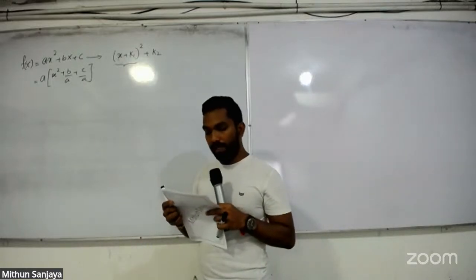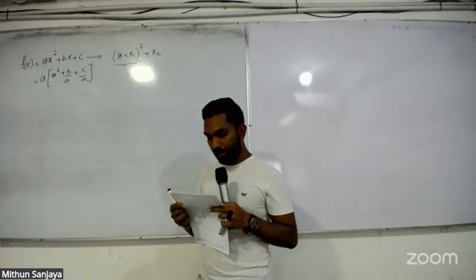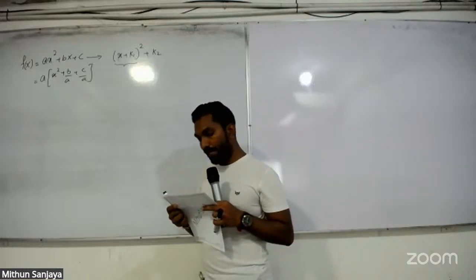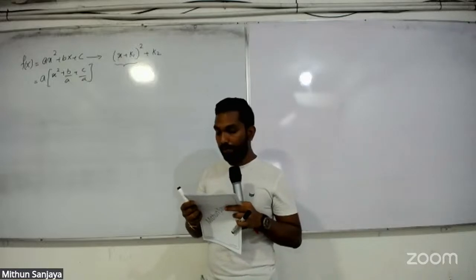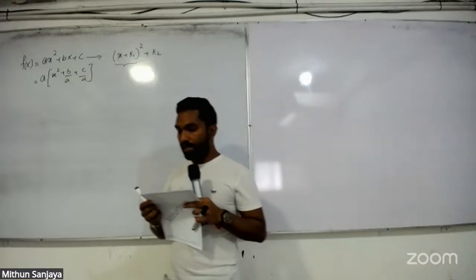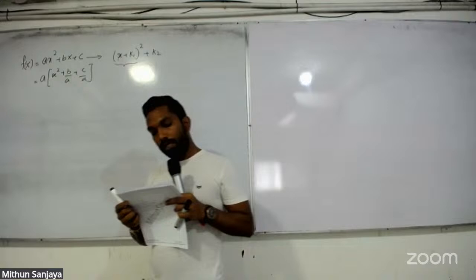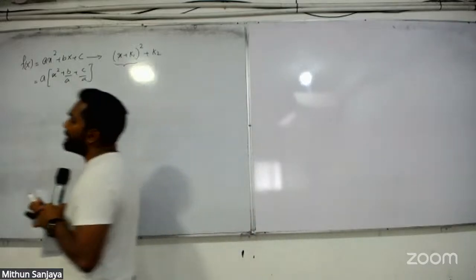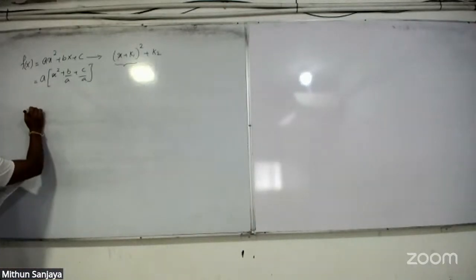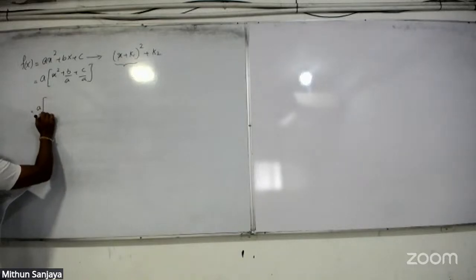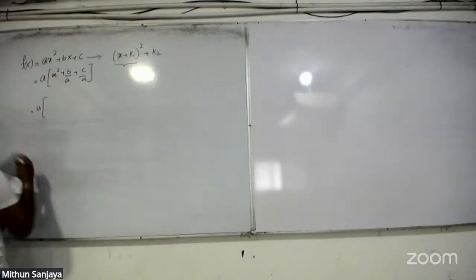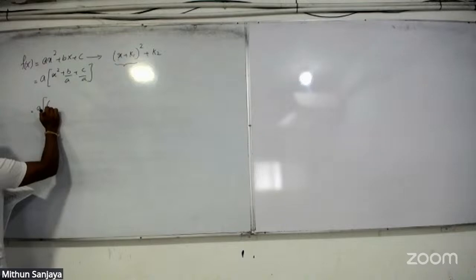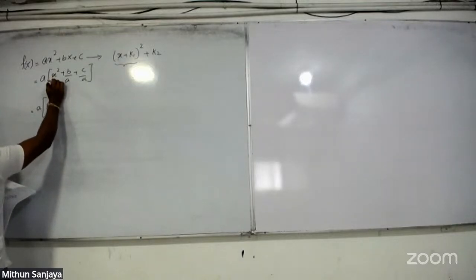Then the second step: write the variable term and the coefficient of its first power divided by 2 as a sum inside the brackets. Now the coefficient of x² is 1, so we put the bracket and get the variable term.